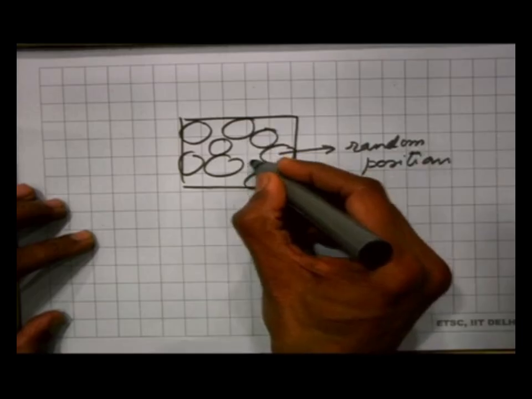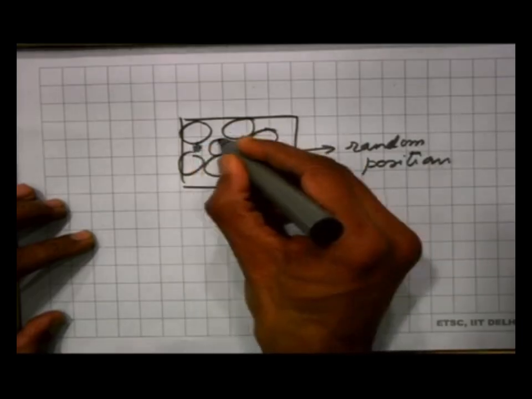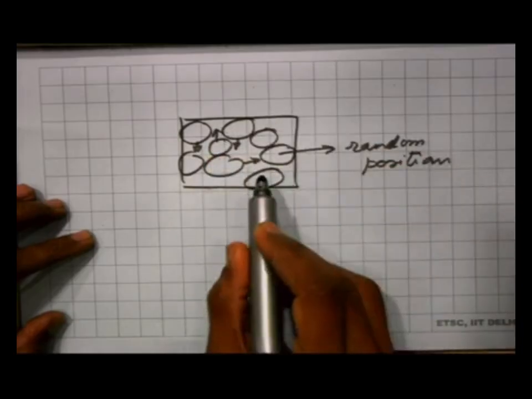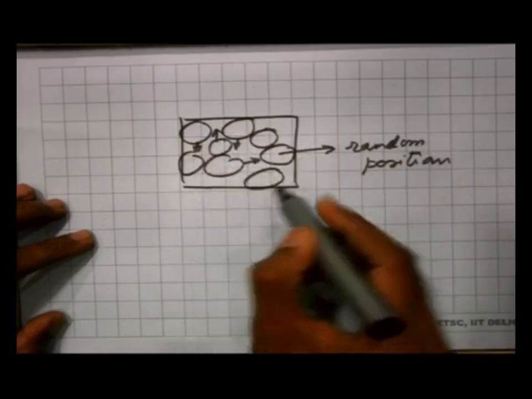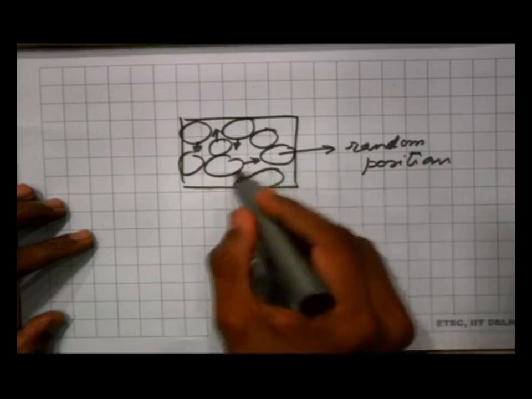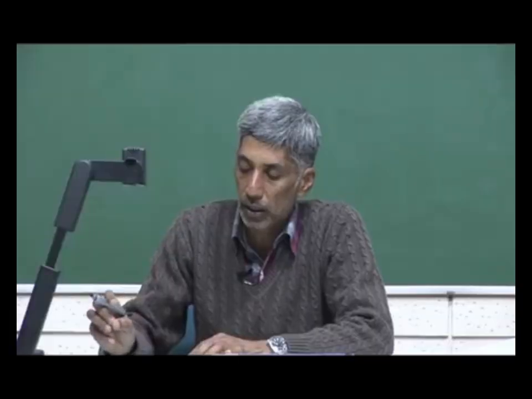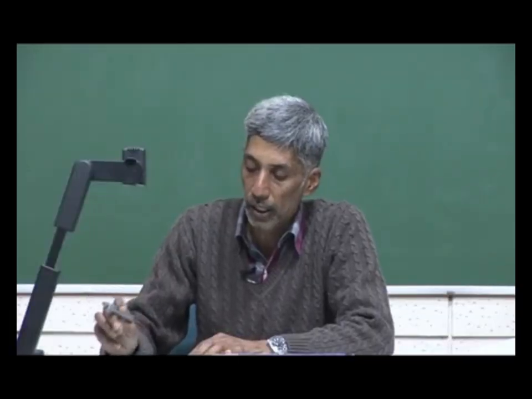And they move about. This is something that we know from other experiments. So, these molecules in this picture are moving around at random, undergoing collisions with each other. So, this is how we understand the kinetic molecular theory, the molecular picture of a liquid.